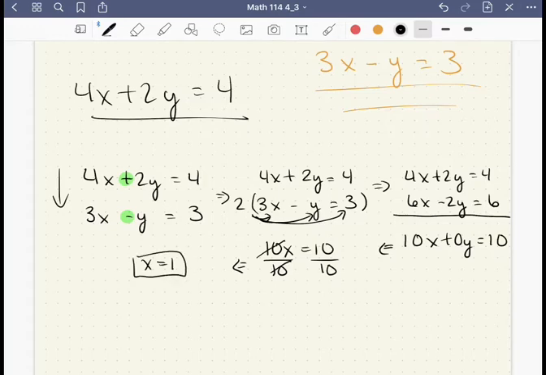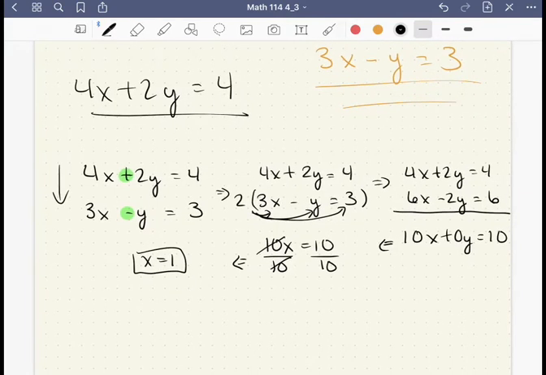Okay. So now that I have my x, my first variable, I'm going to use that one to solve for y. Again, the easiest one would be 3x minus y because the y is almost by itself.